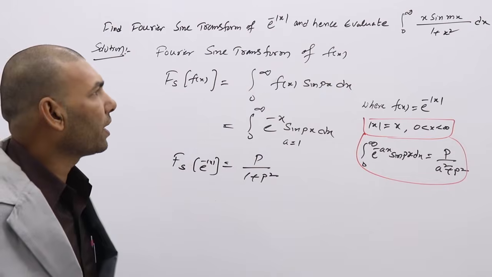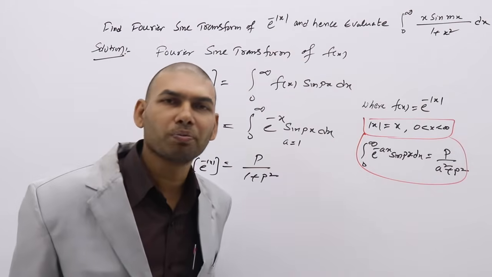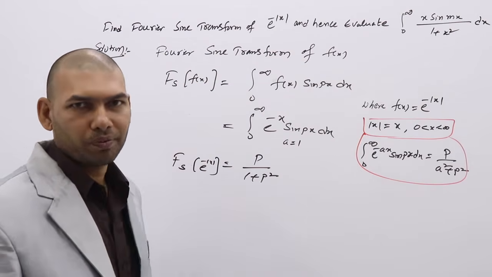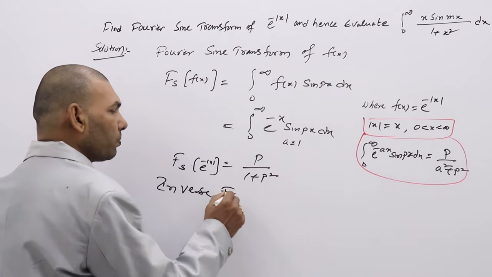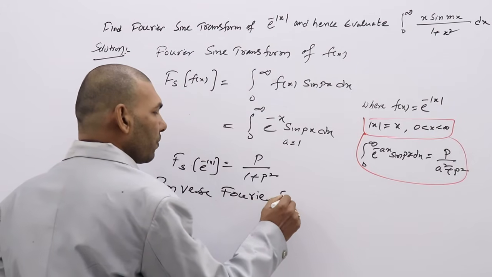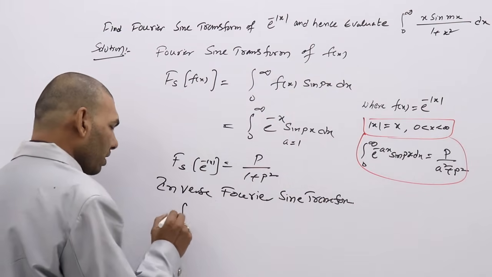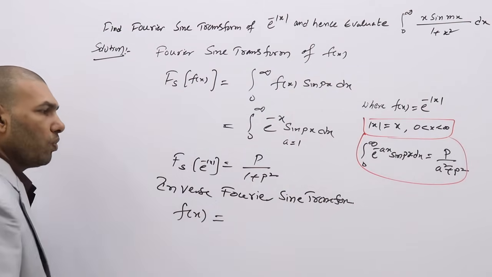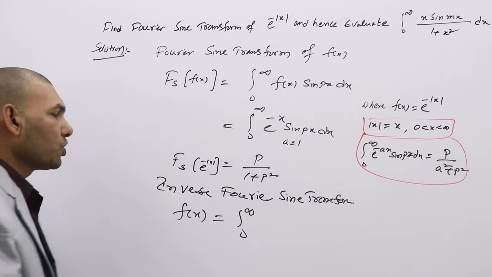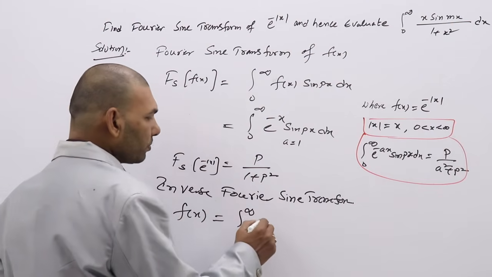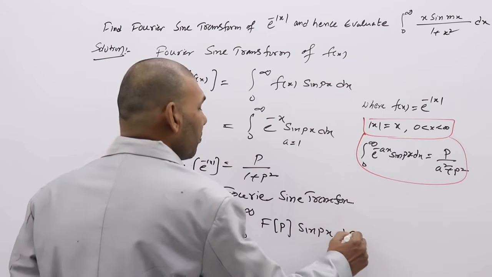After finding the Fourier sine transform of e power minus mod x, we need to evaluate this integral. Whenever we have a deduction along with the sine transform or cosine transform, we need to use the inverse Fourier transform. So now we use the inverse Fourier sine transform. We know the formula: f of x equals 2 by pi integral 0 to infinity Fs of p into sin px dp.